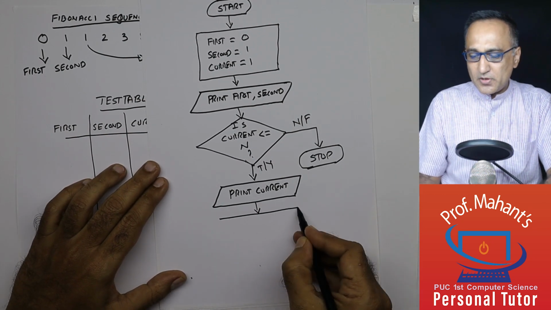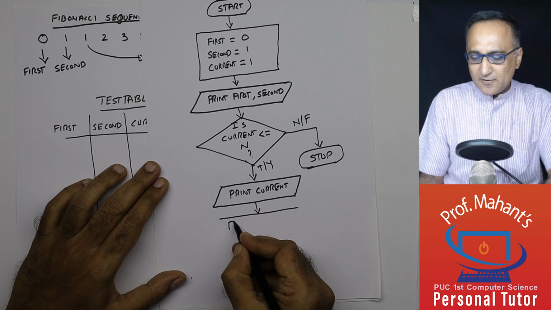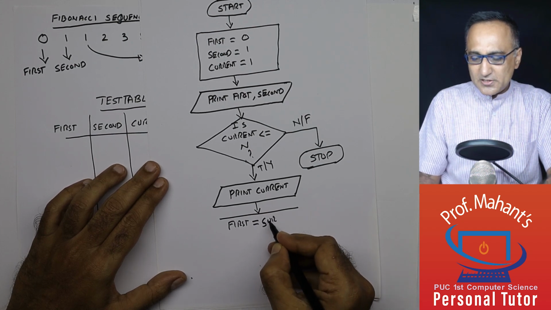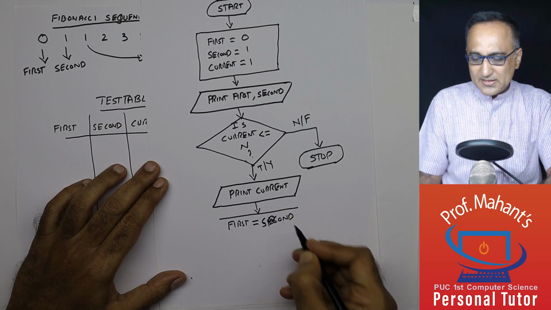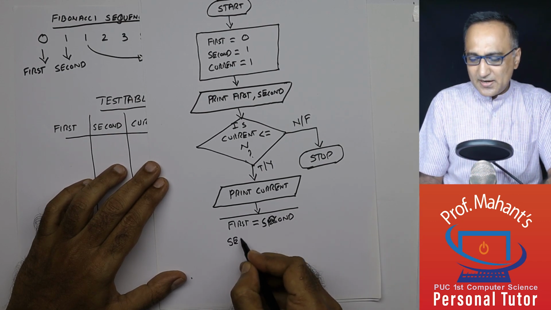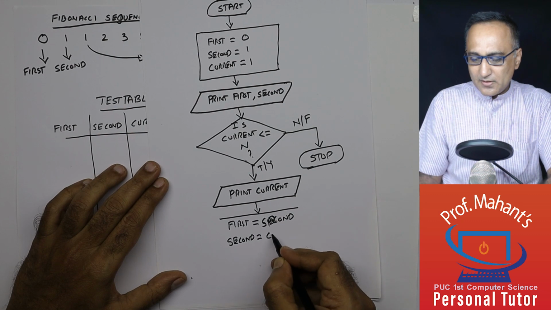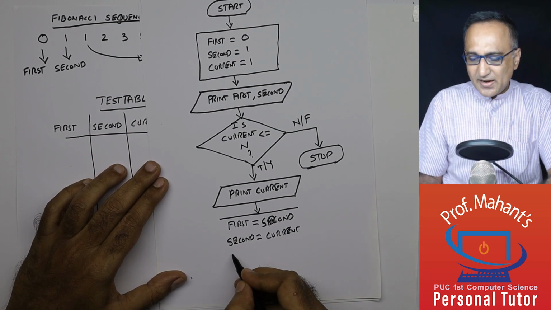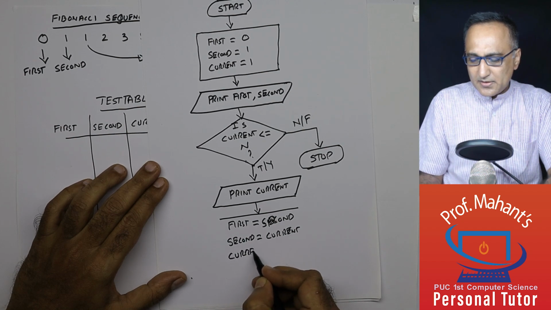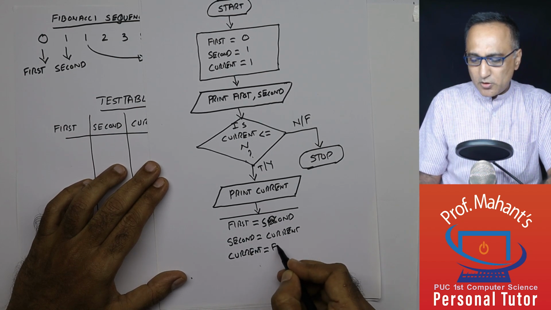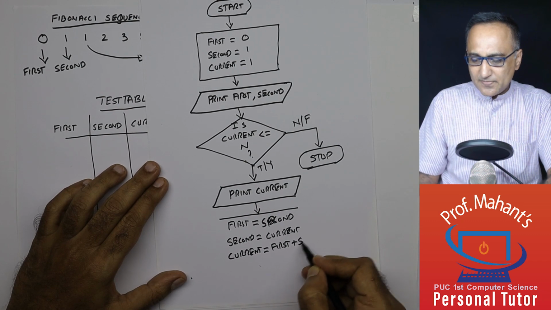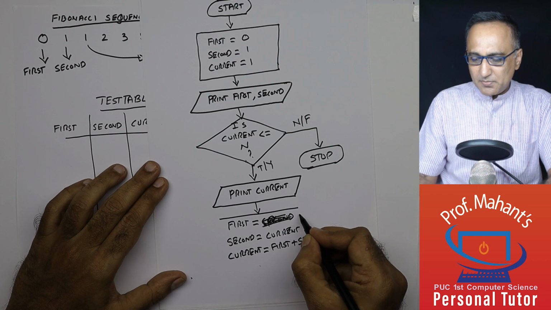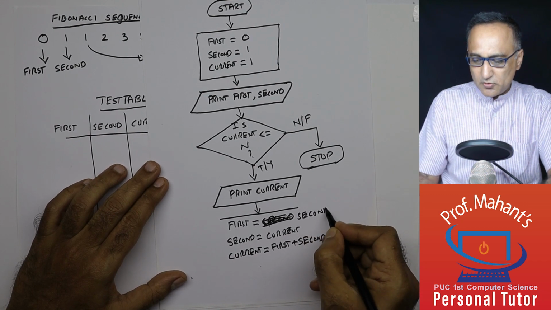Now what I'm going to do here is say first is taking the value of second, second is taking the value of current. Okay, and the new value of current is going to be equal to first plus second. Just in case this is not clear, let me write second because sometimes you may not get it.